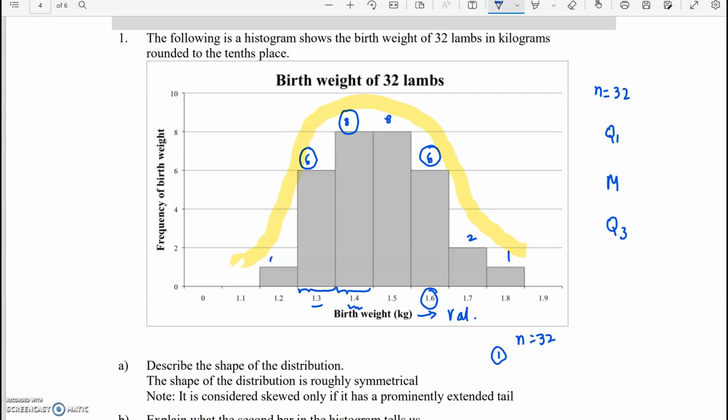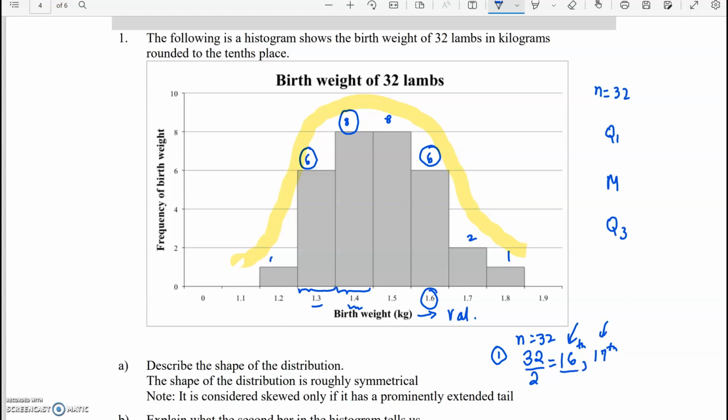How do we get the 2 middle numbers? Since 32 is even, we can divide 32 by 2 to get a whole number, 16. So the 16th number and the 17th number are the 2 middle numbers.